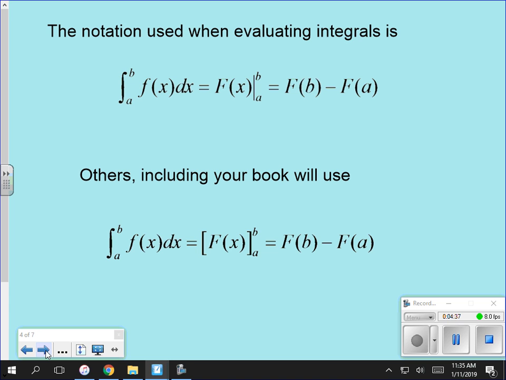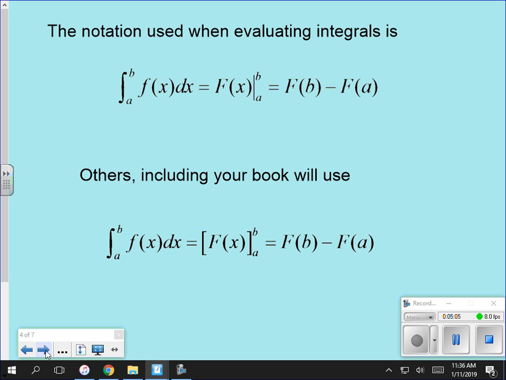Any questions so far? I cannot tell you how important this is from the standpoint of ease of your work. This allows you to evaluate definite integrals very, very easily. Okay, if you can do the antiderivative, this is by far and away the easiest thing to do.